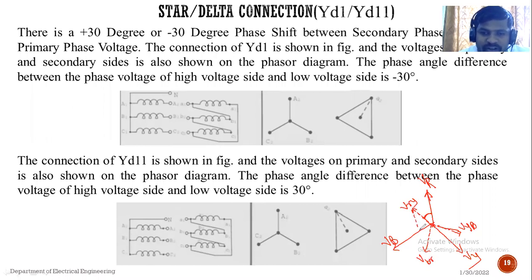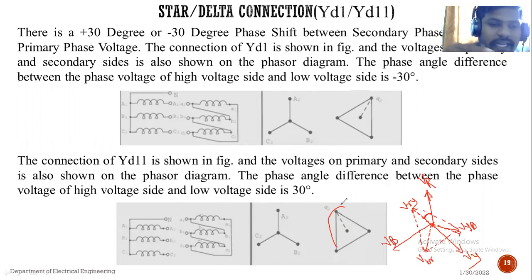So if we join these points, it forms a delta. See here, this is the phasor diagram. This delta is shifted by plus 30 degrees. The secondary voltage leads the primary voltage by an angle of 30 degrees.